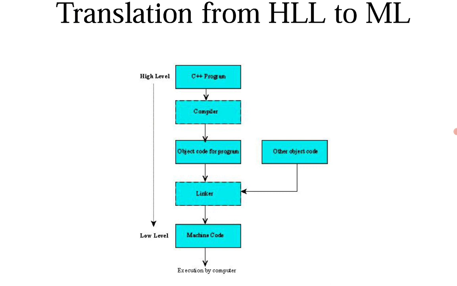We need to translate the source code written in a high level language into equivalent object code. What is object code? Object code is assembly language or some intermediate language. To convert it, we require compilers or translators.